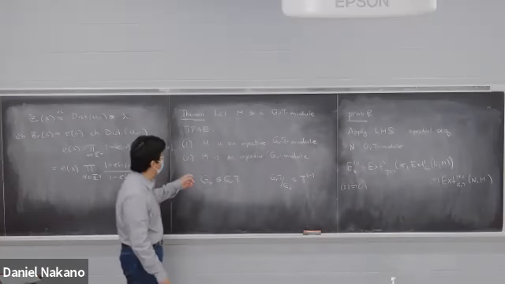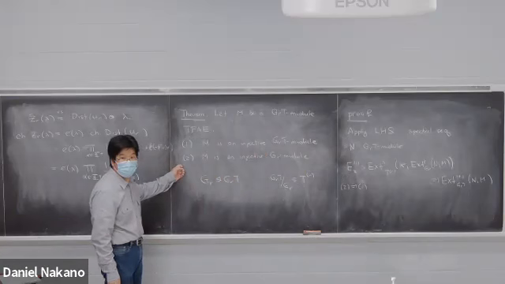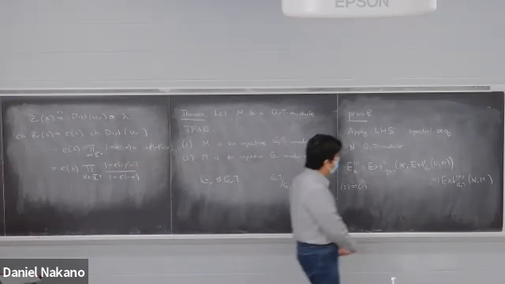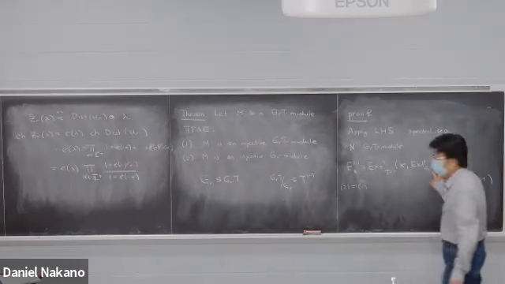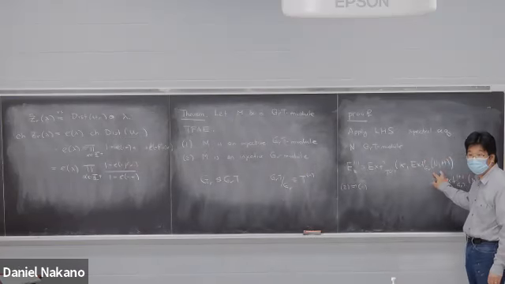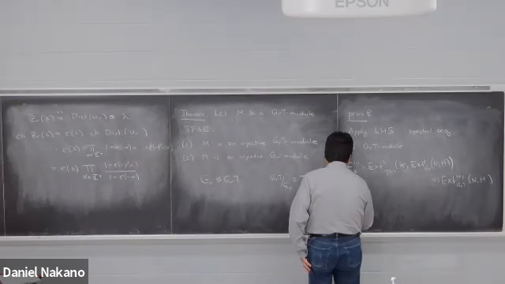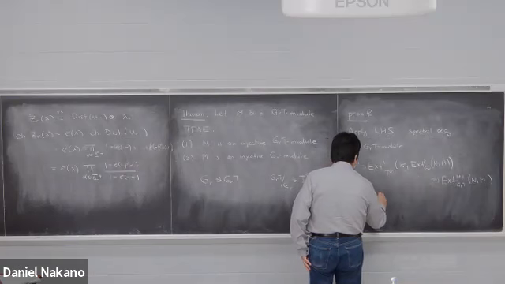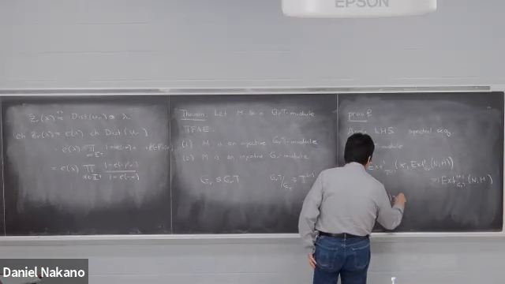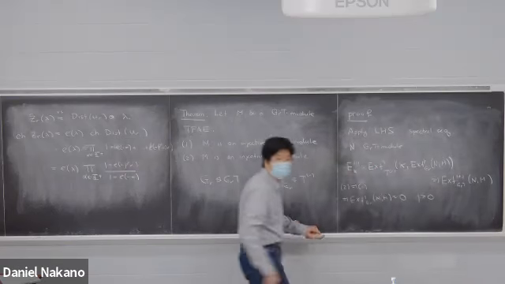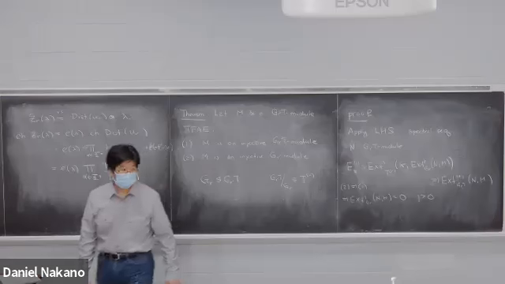Let's assume that M is an injective G_r module. What this says is that this cohomology is going to be 0. So this implies that H^j(G_r, N tensor M) is 0 for j bigger than 0. That means that the spectral sequence collapses.